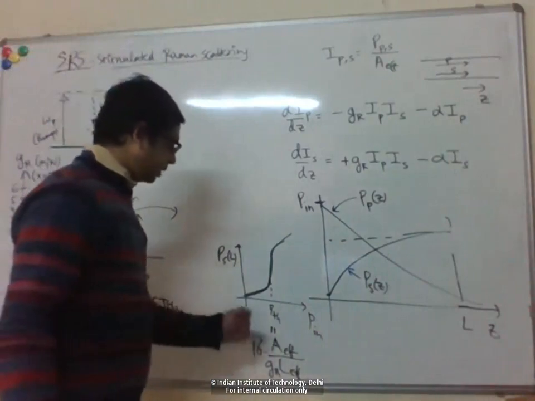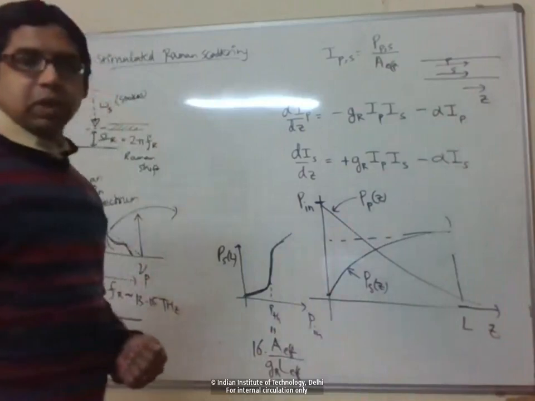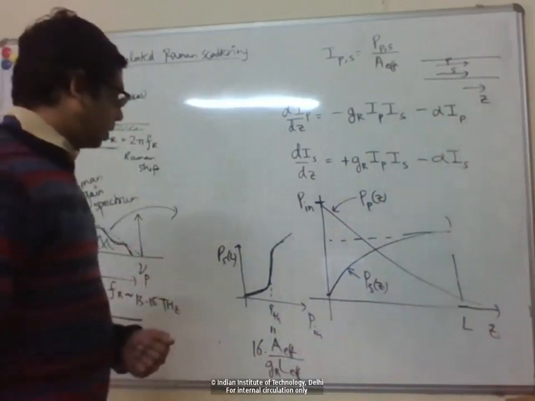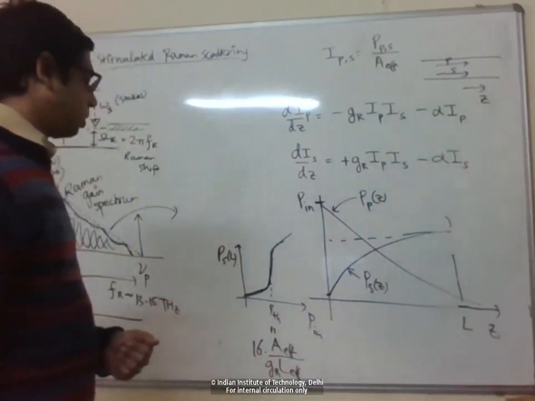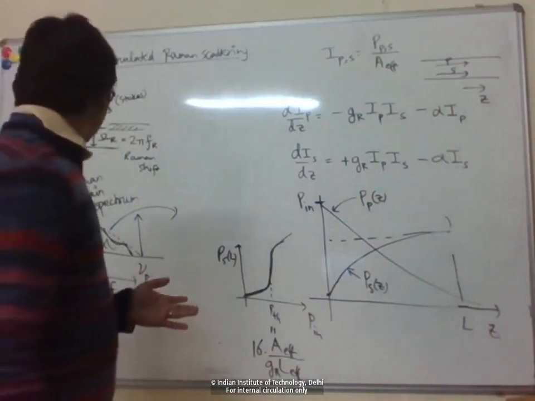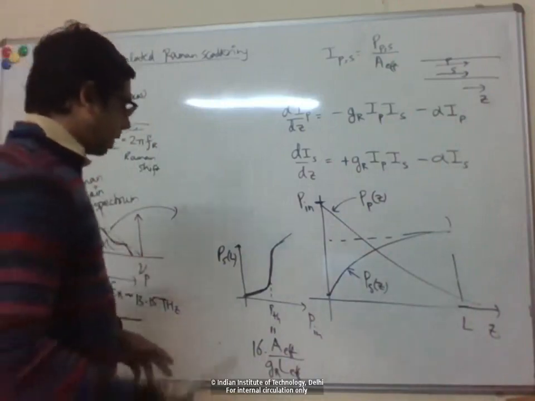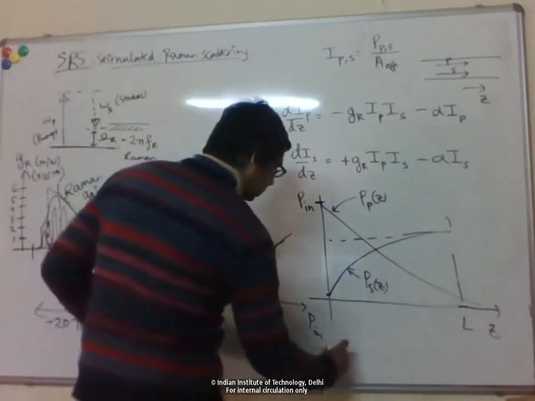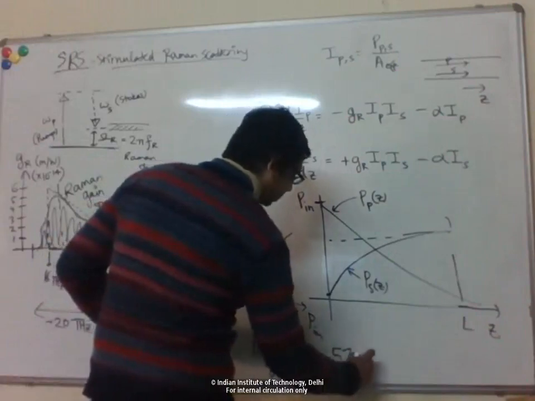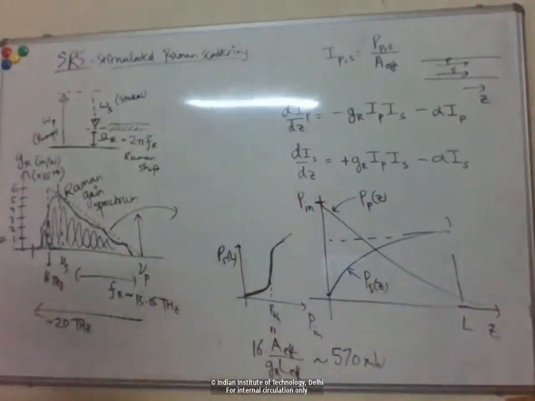So recall again, when we did this for Brillouin, we got a number which was like 5 milliwatts, right? So there, the gain coefficient was about 10 to the minus 11 or something. Here we are a couple of orders of magnitude lower, so this number is higher by a couple of orders. So this comes out to be about 570 milliwatts.